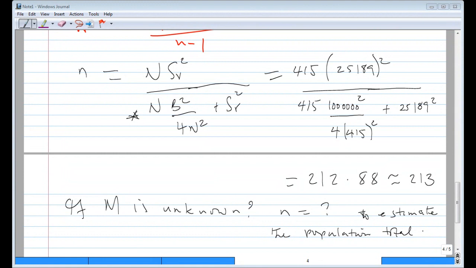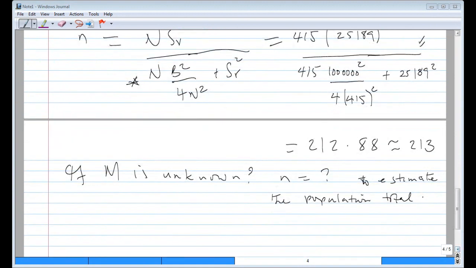And remember, here we were given M. M was known, which is 2,500. And we just want to select the sample size required to estimate the population total. This is what we did. So the question is, if M in this case is not given, and we want to select the sample size required to estimate the total income of all residents, are we still going to get the same answer or not? That's the question.